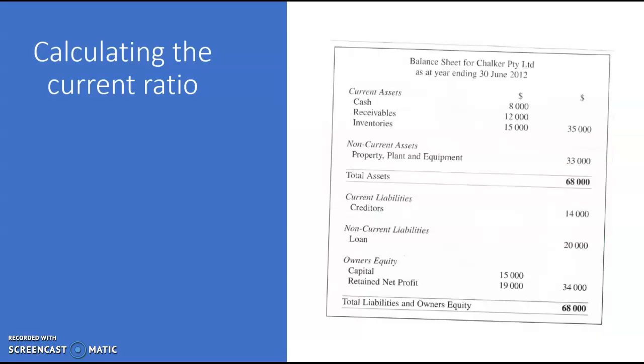So let's look at actually calculating this ratio. The first way that they could give you the information you need to be able to calculate the current ratio is with a classified balance sheet. This is the dream. They've done all the hard work for you. So all you need to do is read off the balance sheet and identify how much you've got in current assets and current liabilities.